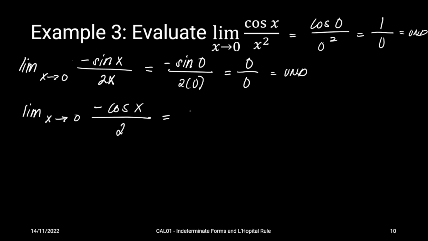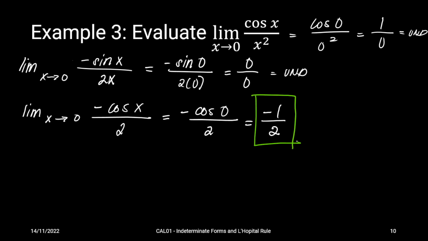So we'll have negative cosine 0 over 2, which is equivalent to what? No, we have negative 1 over 2. Ayan. So this is our answer. No, so you can check it using the calculator, no? So para ma-validate natin yung sagot natin sa L'Hopital's rule.